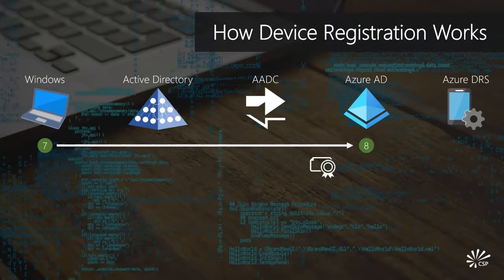Back on the Windows device, the join task is going to continue to run to check to see if that certificate value has been synchronized. The AD Connect synchronization service typically runs every 30 minutes, so it might not be up there immediately. That's why this join task is going to repeatedly check. The task runs every time someone logs into Windows, but it also runs every hour after logon.